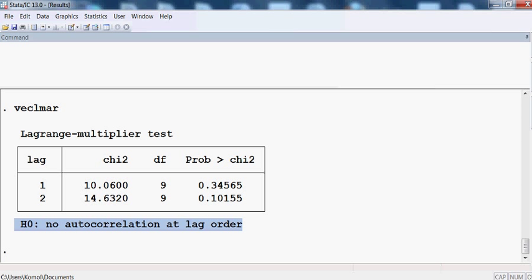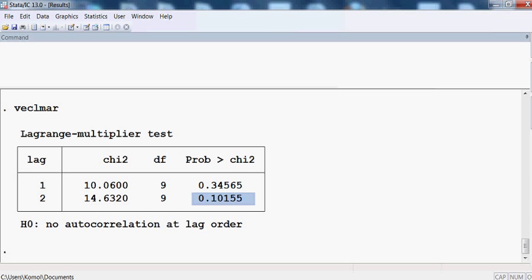That is, there is no autocorrelation. And also lag 2, I cannot reject the null hypothesis because p-value is 10.15%. So meaning that in the whole system model there is no autocorrelation, meaning that there is no serial correlation. So we are happy about the whole system model.